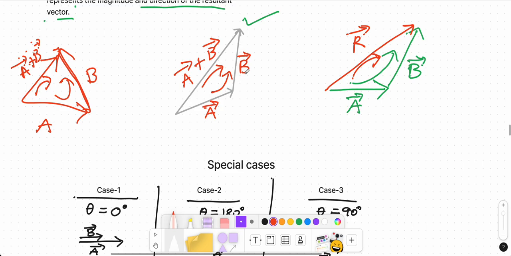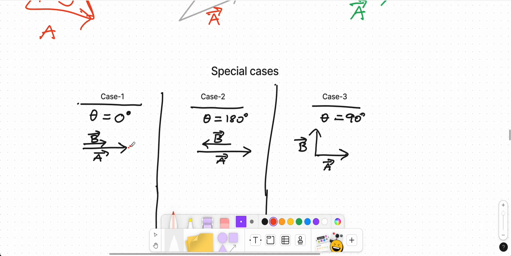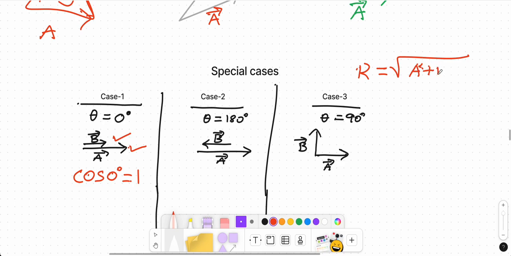There are some special cases. Like when theta is 0 degree, A and B are two vectors parallel to each other. In this case, cos 0 degree is 1. So using the formula, R is root over of A square plus B square plus 2ab cos theta.